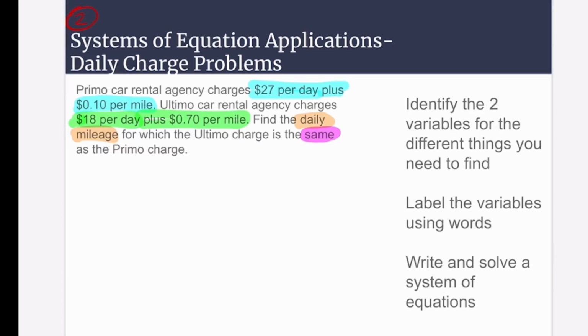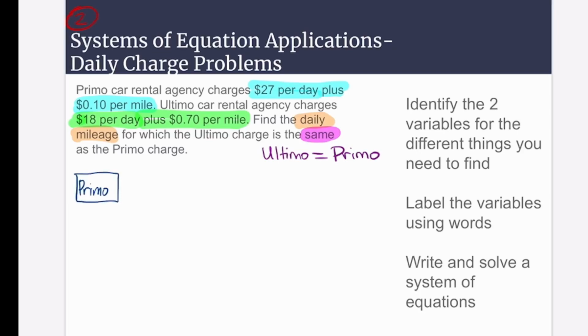So I'll jump straight to the end. If it says they're the same, that means they're equal. That means I want to know where the Ultimo equals the Primo. My equations are going to be separate for this type of problem. I'm going to have one equation for the Primo car rental.